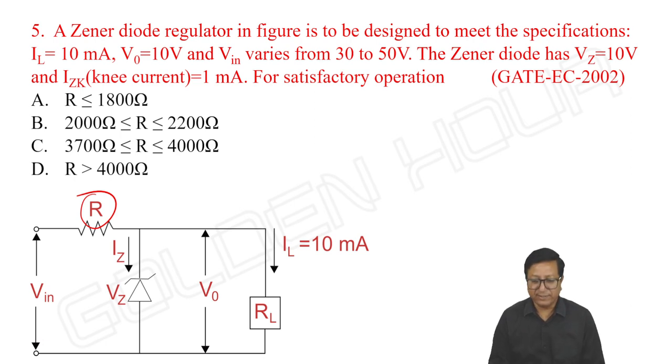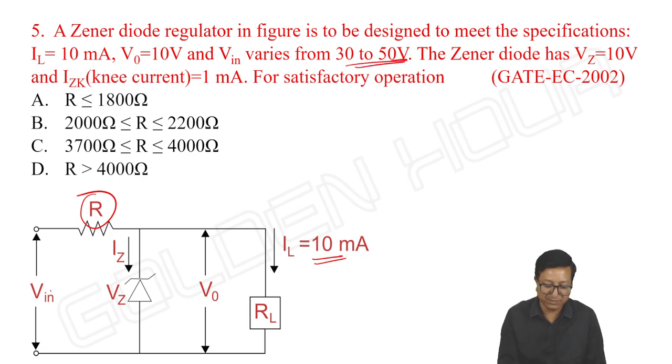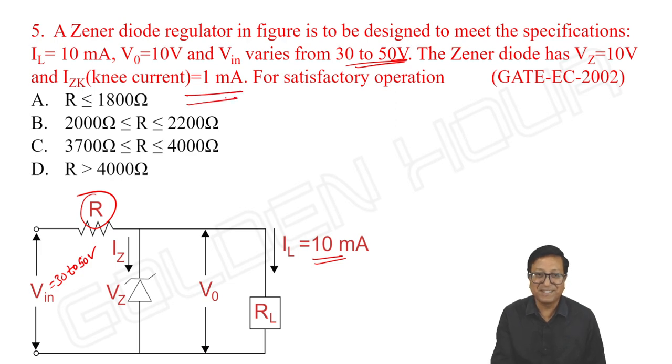In this, RL is fixed, IL is fixed. Input is varying between 30 to 50. And IZ minimum is given. IZ minimum given means I should be minimum. I is minimum, that's possible with input minimum. That point you should understand. If IZ maximum is given, then I is maximum, and the corresponding input is maximum.